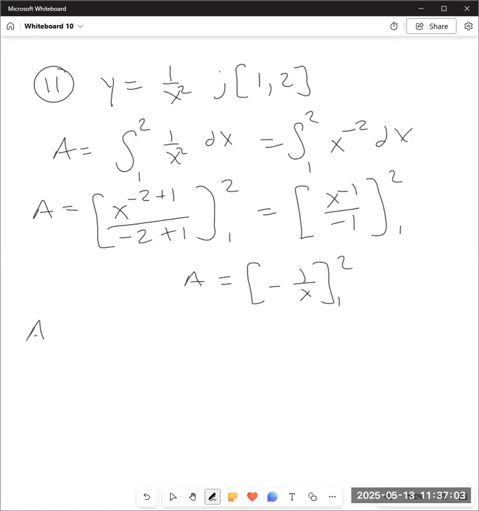So my area is going to be negative 1/2, then minus a negative is going to be a positive 1 over 1, which is 1. 1 minus a half is a half.